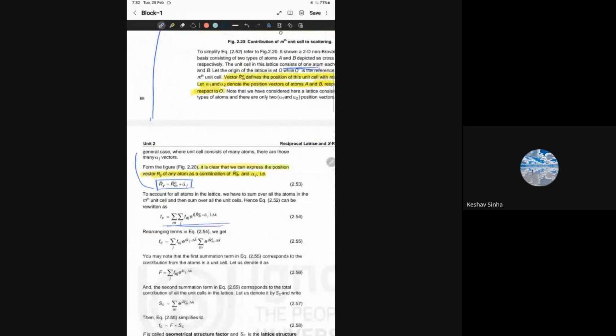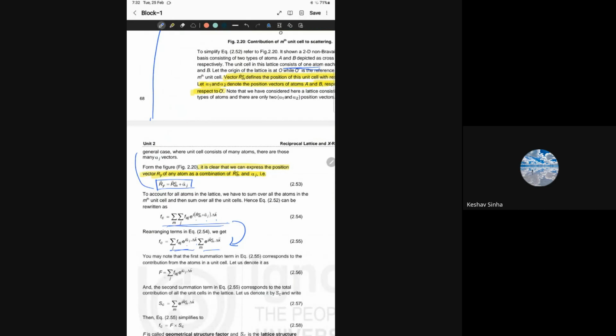It is a double summation, one summation over cells and one over alpha. Rearranging, we get the factor e to the power i R_cm · Δk and another factor e to the power i alpha_j · Δk, so we can imagine two parts.